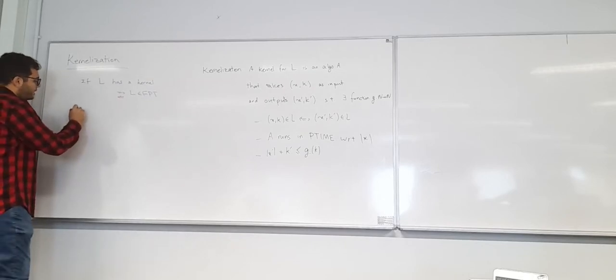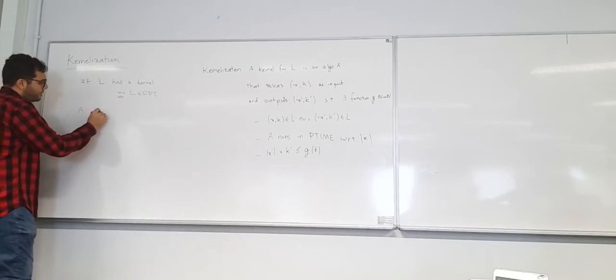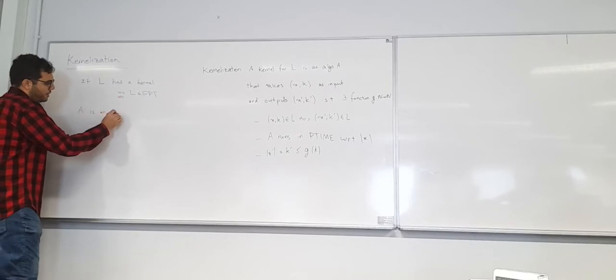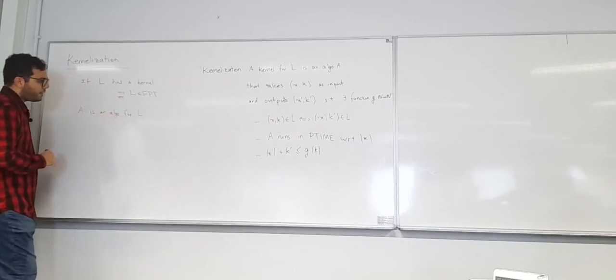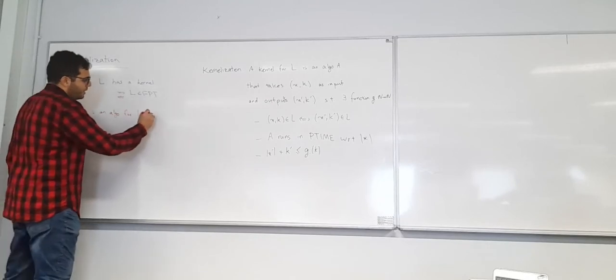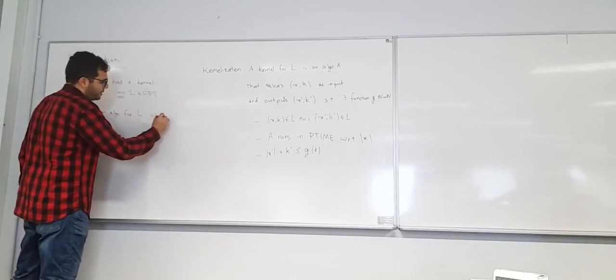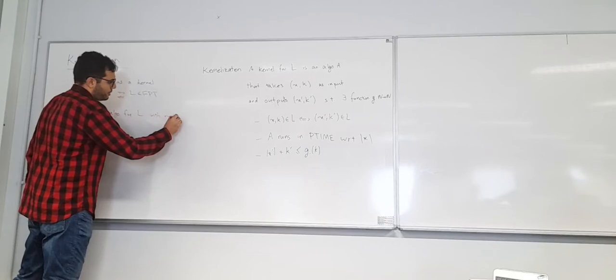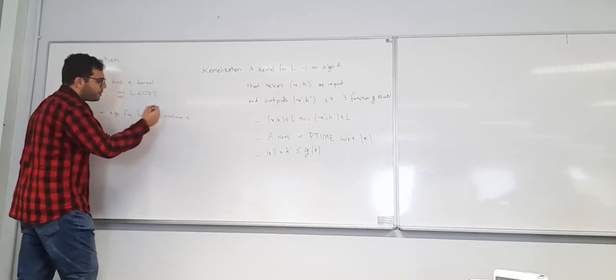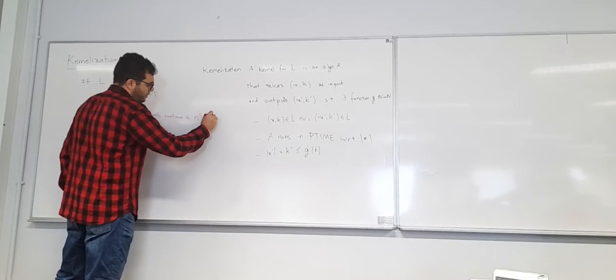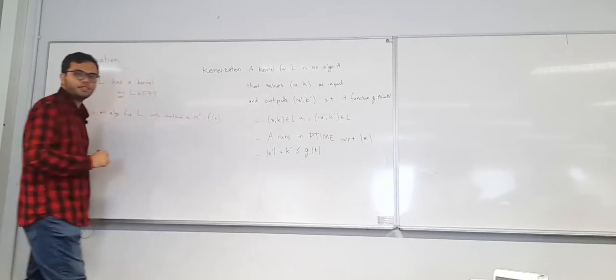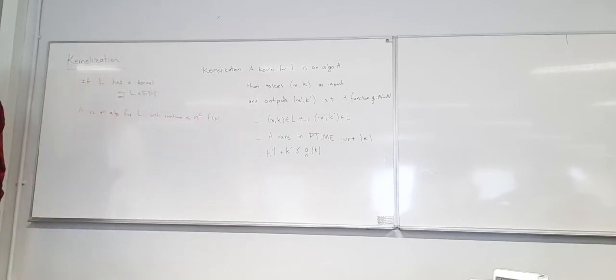So let's say that A is an algorithm for L, and let's say that the runtime of A is bounded by this expression. So let's say the runtime of A is at most n to the power of some constant c times some function of k. Okay?